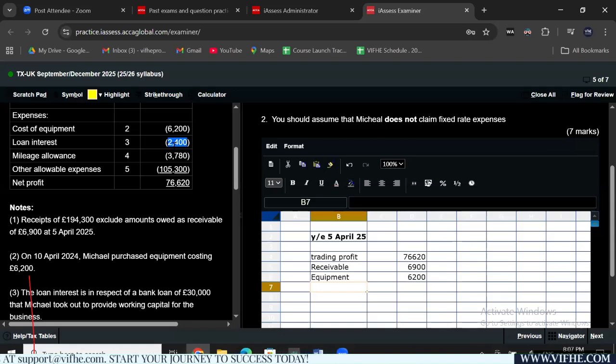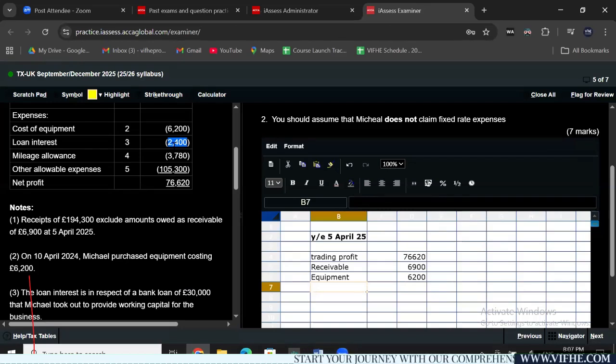But for instance, if it was said that 2,400 has been paid and 600 is also due for this year, which Michael will pay later, not in this period, then I would have said that 2400 has been paid and 600 is accrued for this year. So altogether, 3000 is deductible.